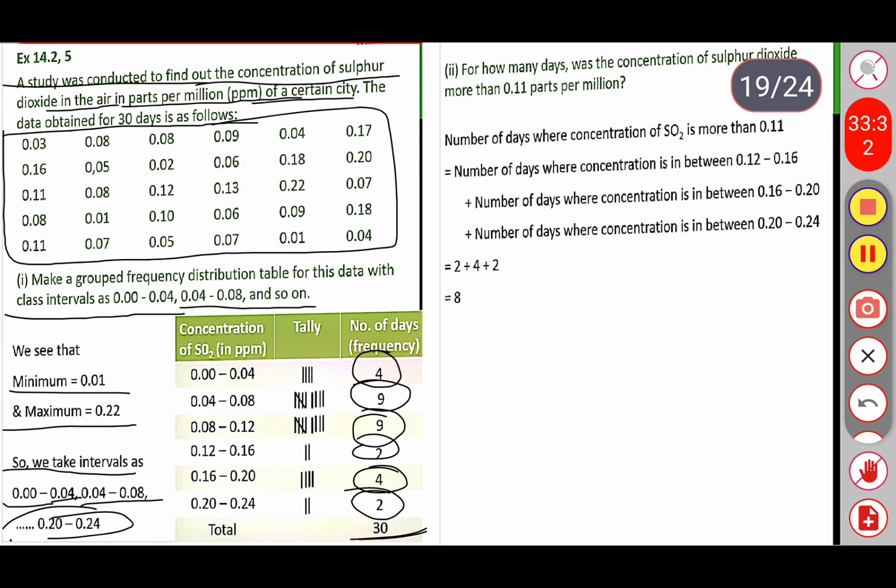Now see the question: for how many days was the concentration of sulfur dioxide more than 0.11 parts per million?